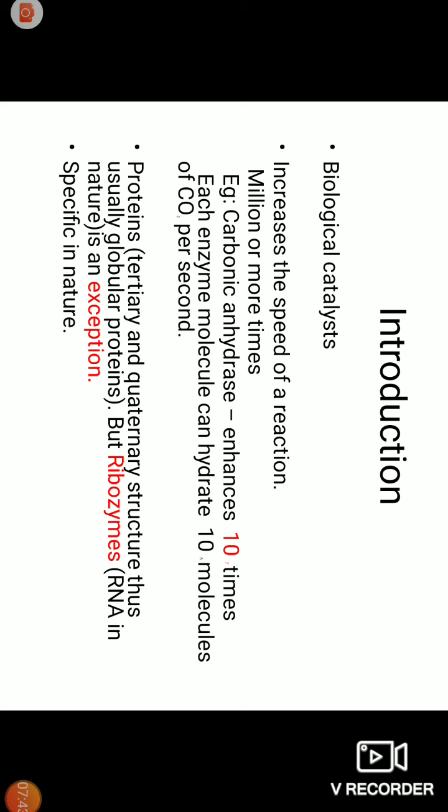So you know what globular proteins are all about. Most enzymes are globular proteins which have tertiary and quaternary structure. This structure is very critical for the enzymatic activity.